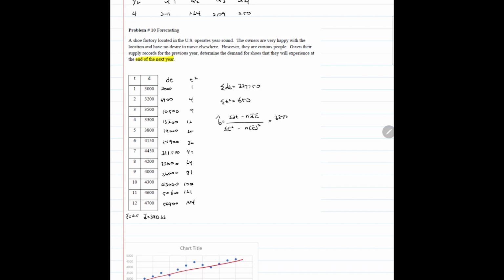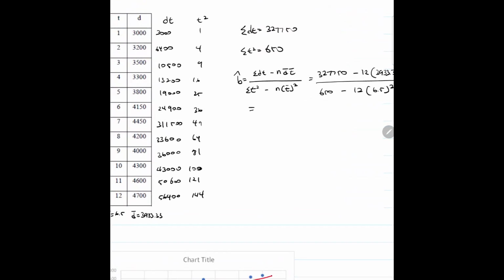So that, and it's 12. And b hat came out to be 146.50. Let's go ahead and calculate a hat.